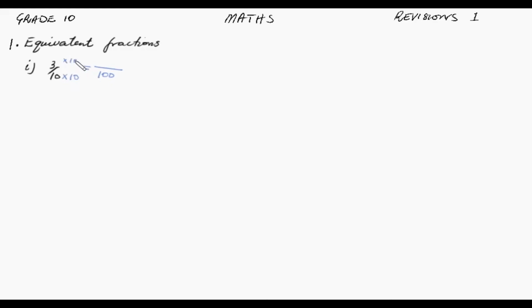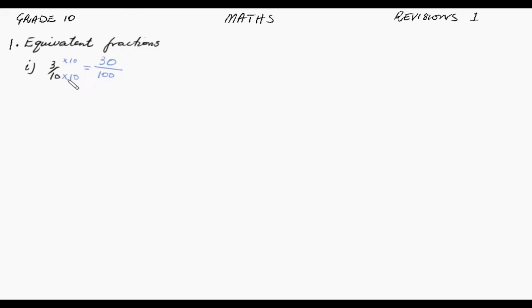So 3 times 10 is going to be 30. So 30 over 100 is equivalent to 3 over 10. They are equivalent, meaning they are equal. It's just that one fraction is more simplified than the other. The two fractions are equal.